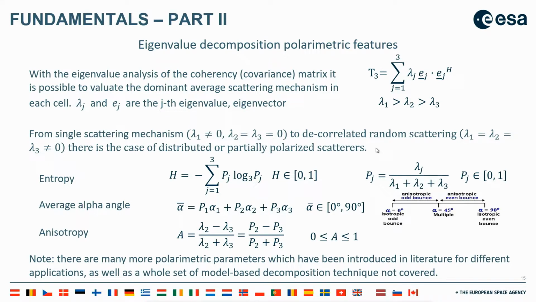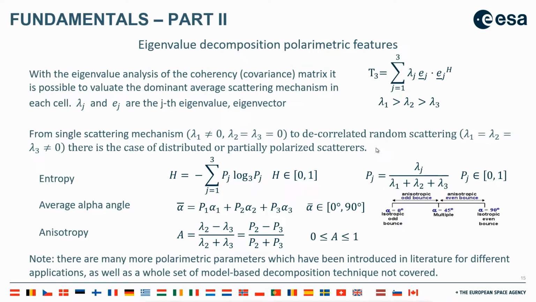So from the T3, for example, you have 3 eigenvalues, where normally the first one is larger than the second one, which is larger than the third. And in the case you estimate these values, and only the first one is different from 0, then you can be sure that the dominant scattering mechanism in the observed scene is a single scattering mechanism. It can be one of the 3, but it's only one.